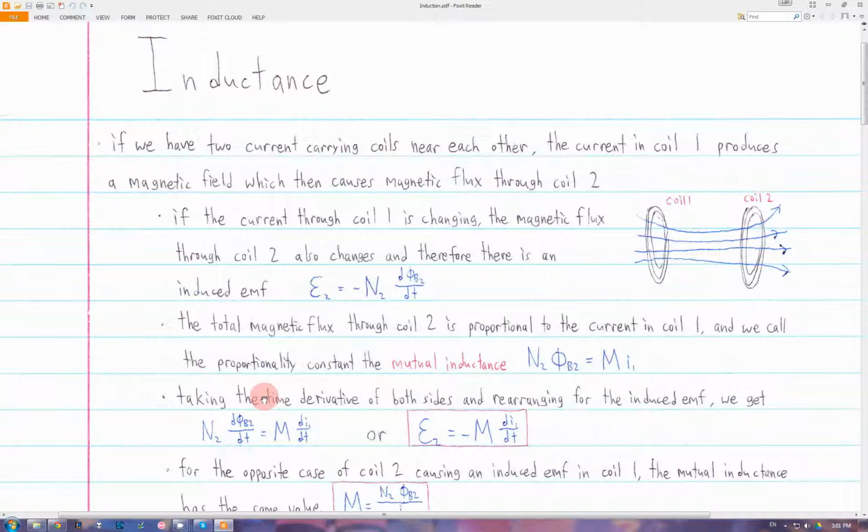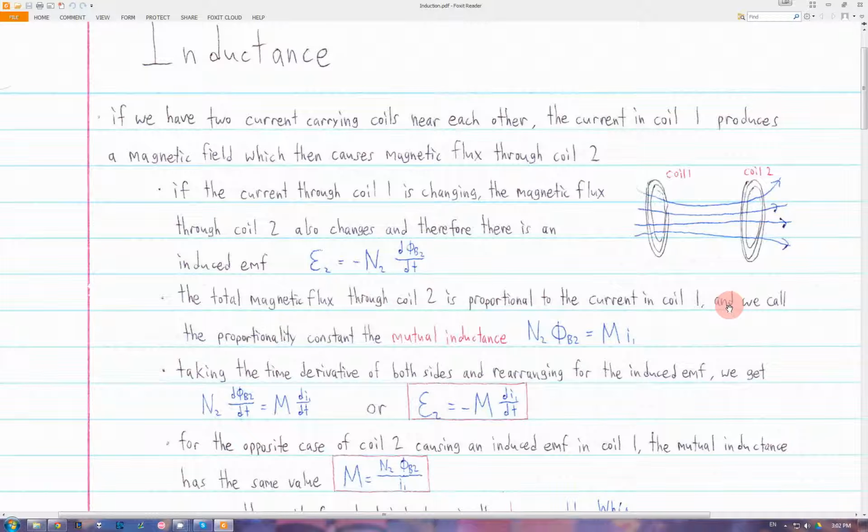And so taking the derivative of both sides of this equation with respect to time, we can see that the induced EMF in coil 2 is equal to negative M times the rate of change of the current in coil 1.